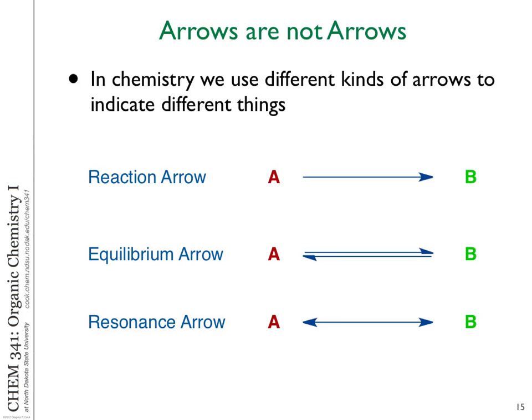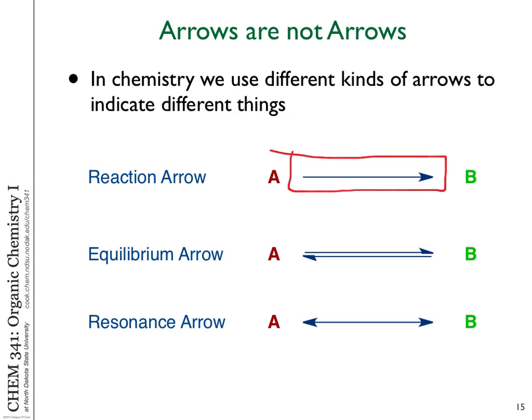So you've seen me draw things like a reaction. Okay, and we have an arrow which represents a reaction. So here is an example of molecule A, which is being converted into molecule B. And so we have a reaction arrow, which has just a line with an arrowhead on one end. Right? You've all seen that.